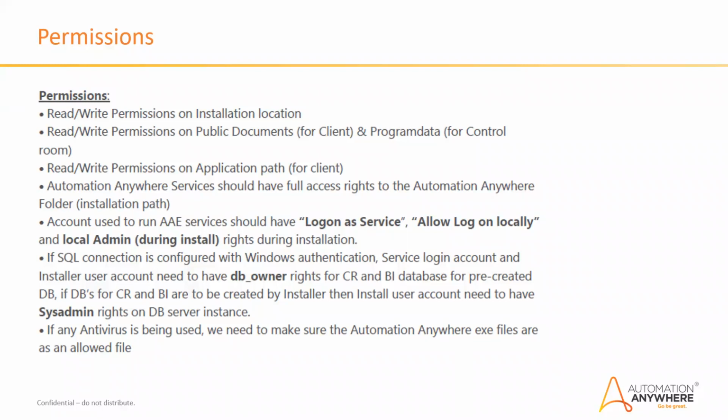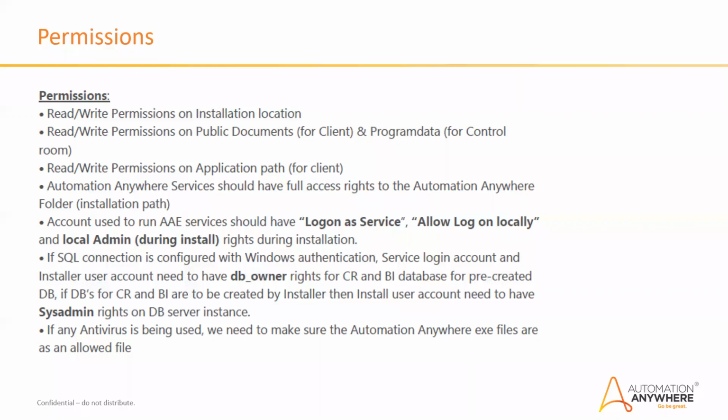The Automation Anywhere service should really have full access rights to the Automation Anywhere folder, so the installation path. The account that is used to actually run those services will require local admin rights, at least during the installation. You will need to have the rights and permissions to log on as a service and allow log on locally.